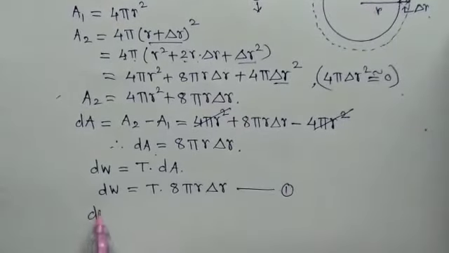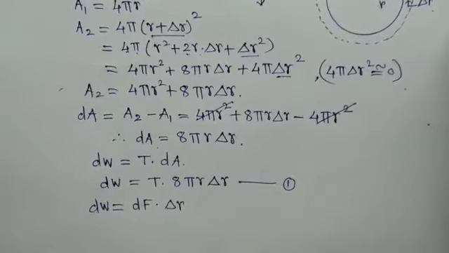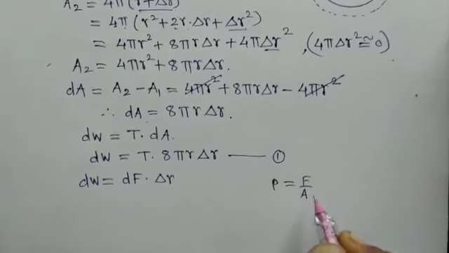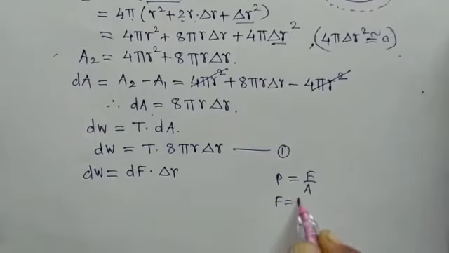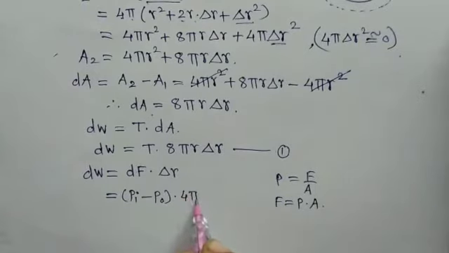Now work done is equal to force into displacement. Force is dF, displacement is delta r. Here P is equal to F upon A, therefore we can write force is equal to pressure into area. But here pressure is the excess pressure, Pi minus P0, into the initial area 4 pi r square, into delta r.